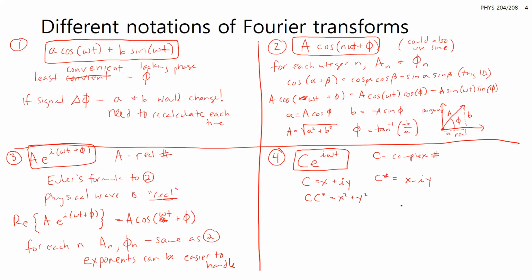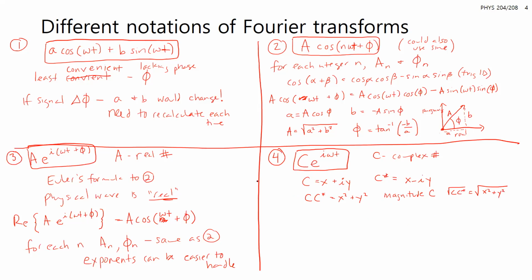And we can then say the magnitude of C would be the square root of C times its complex conjugate, which would be the square root of x squared plus y squared.